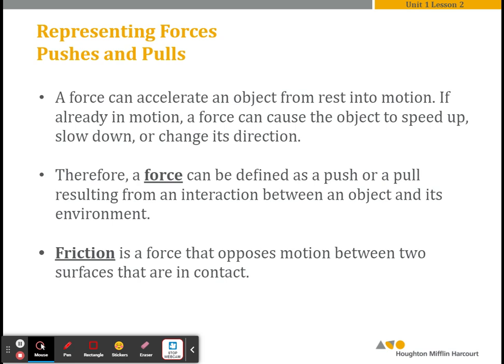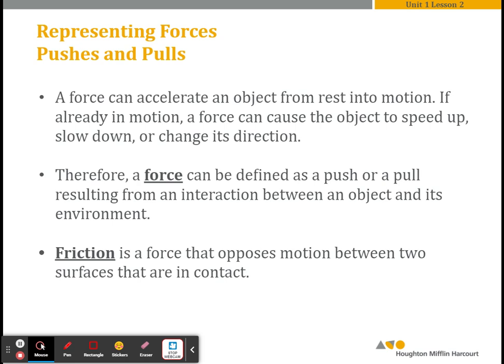So friction can hold something in place, or it can work against motion.